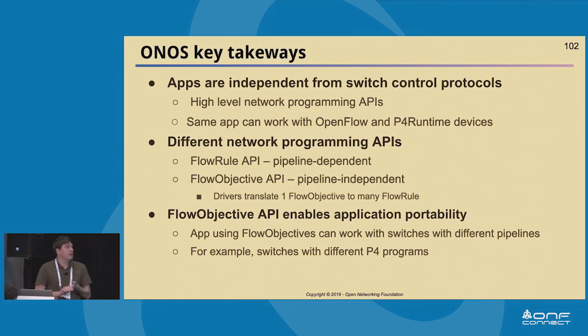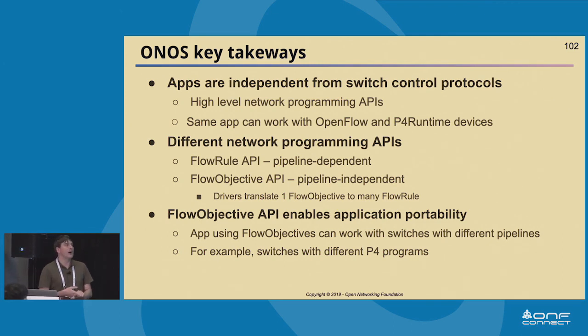Before we move on, let's derive a few key takeaways from the slides I just presented. When using ONOS, it's important to keep in mind that applications can be written in a way that is independent from the switch control protocols, because ONOS offers high-level network programming APIs. So the same app can, in principle, work with OpenFlow and P4Runtime devices. We offer mainly two different types of APIs to program the network, the flow rule API and the flow objective API.